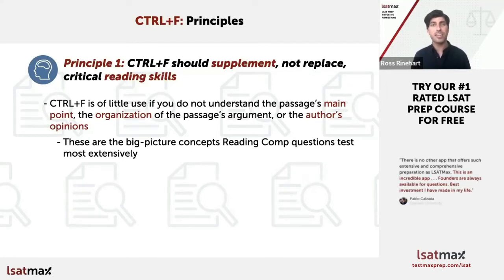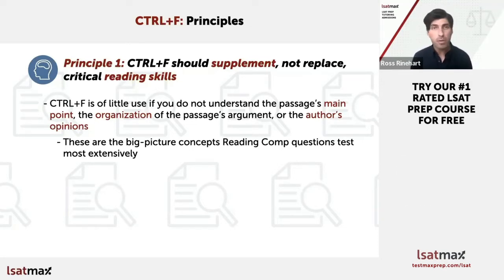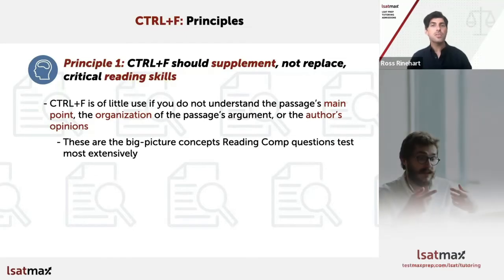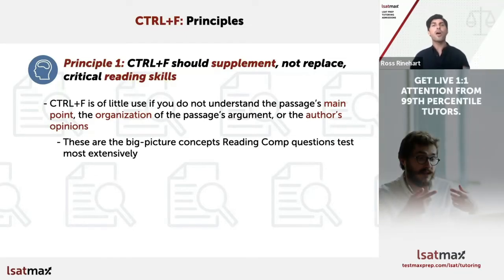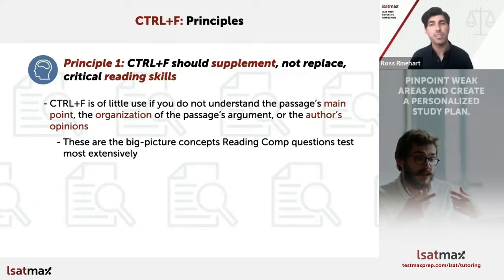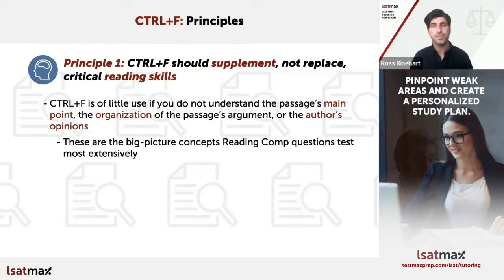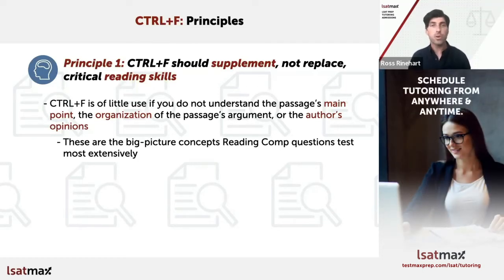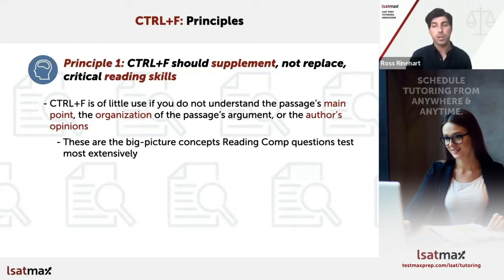They're not asking you to identify a detail that's in the passage. They're not asking you to identify someone's view that was briefly mentioned in the passage. These are things that are asking about these kind of broad, big picture, general points. And searching for specific little details aren't going to help you uncover these big picture points. So we really need to make sure that whether we use Ctrl+F or not, we have a strong understanding of these 3 big picture concepts.